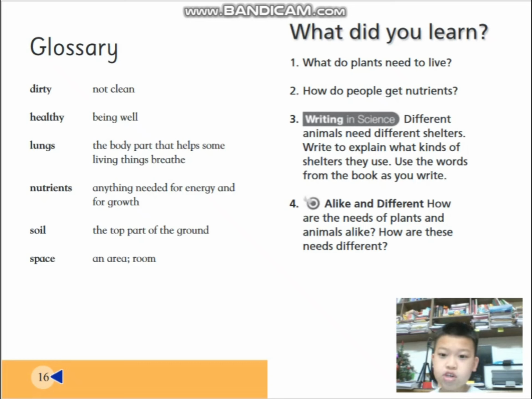And they get nutrients. Plants need nutrients from the soil, while animals get nutrients by eating foods. That's what I have to say.